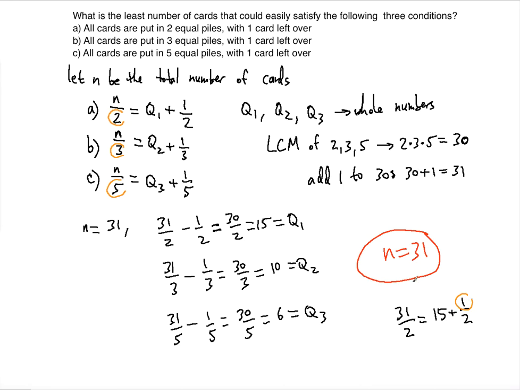Then if you do the same thing, you divide 31 by 3, you will get 10 plus 1/3. And again, you will have 1 remainder, 1 card left over. And finally, if you divide 31 by 5, you will get 6 plus 1 over 5. And again, 1 card left over.